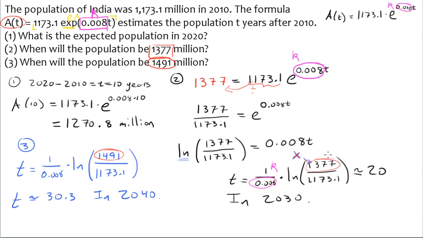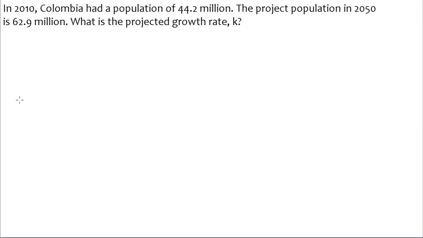Alright, and we've already got this solved right here, but I'm going to go through and solve it again. So our population is the starting population times the exponential function with our growth rate times the time.